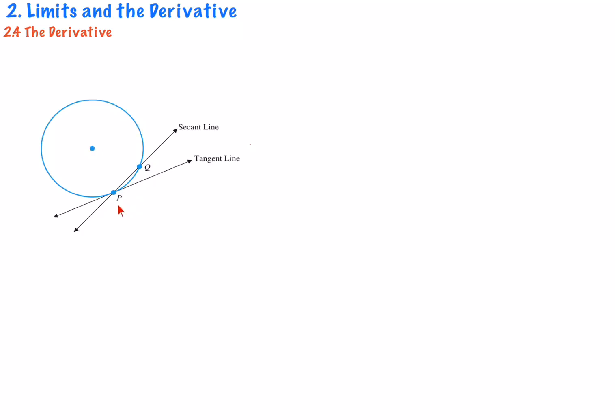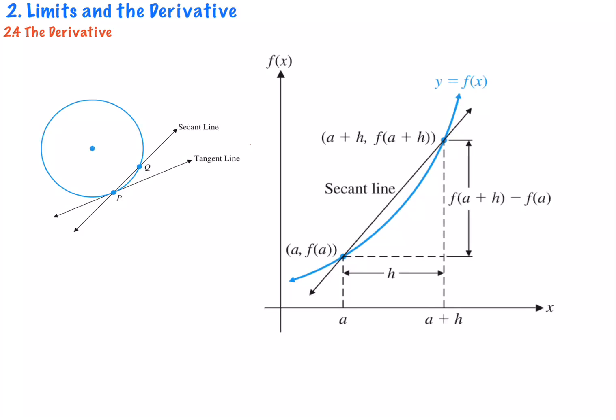Now we will generalize the geometric concept of secant line and tangent line of a circle, and we'll use it to study the graph of functions. So let's put it this way. We have the graph of y equal to f of x, and let's say there's a line through 2 points over here, which is called a secant line also.